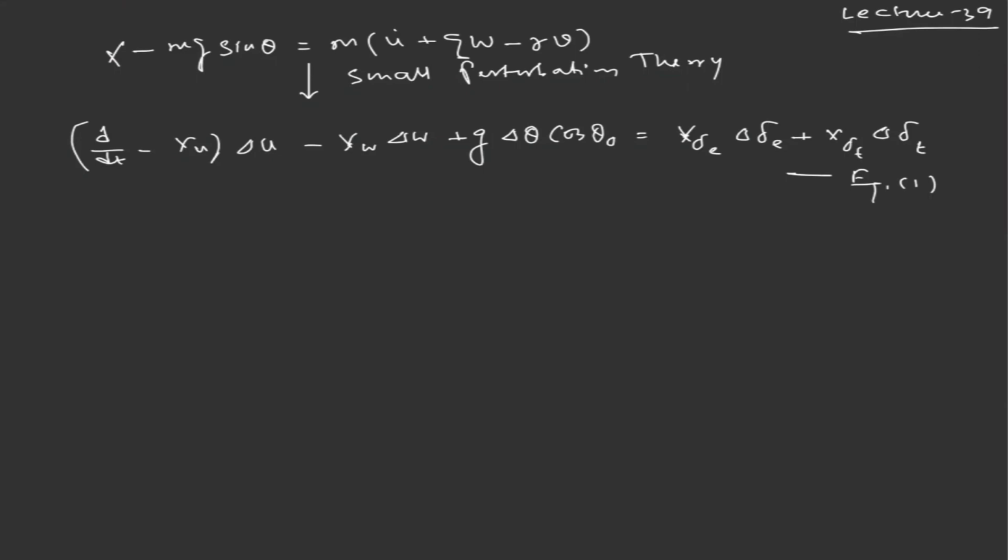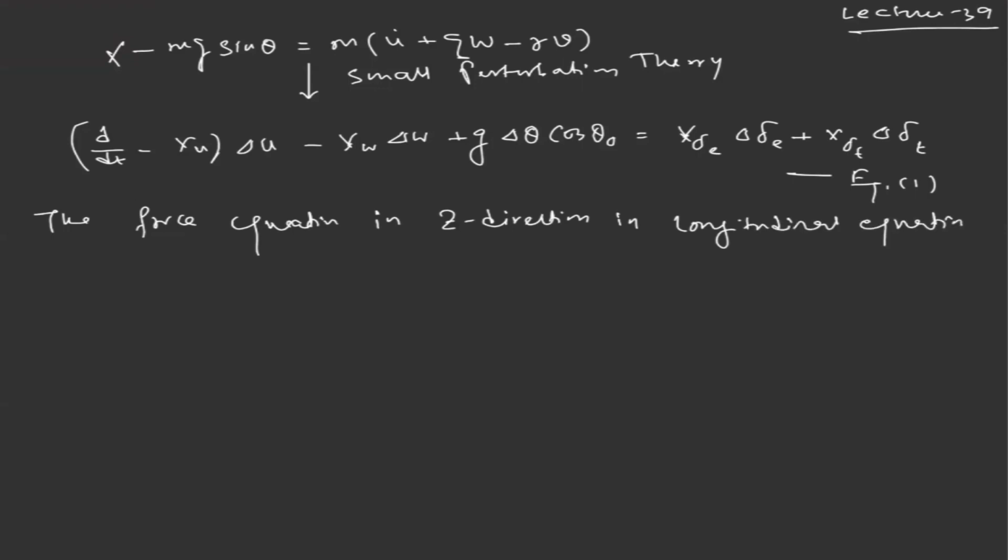Now we'll start how we can find the linear model of the force equation in the z direction in the longitudinal motion. So let me write the force equation in the z direction in longitudinal equation of motion of the aircraft.